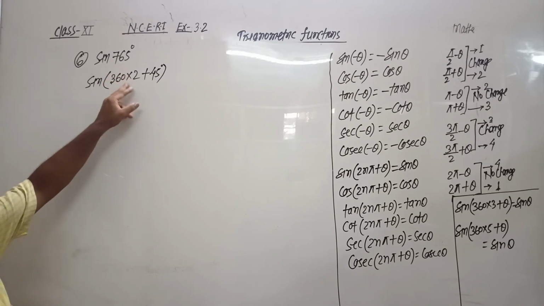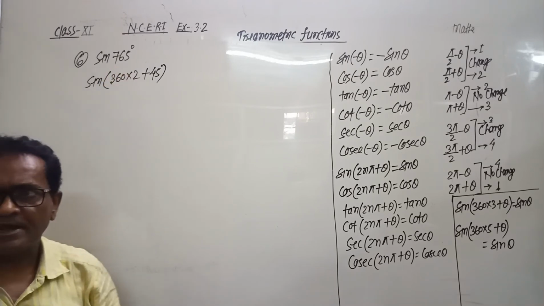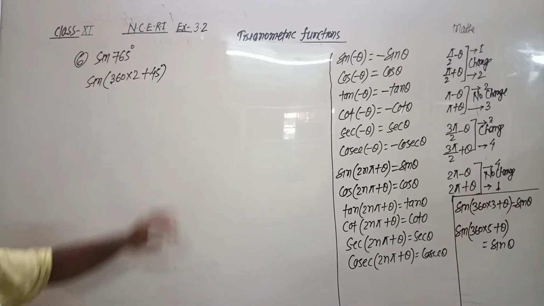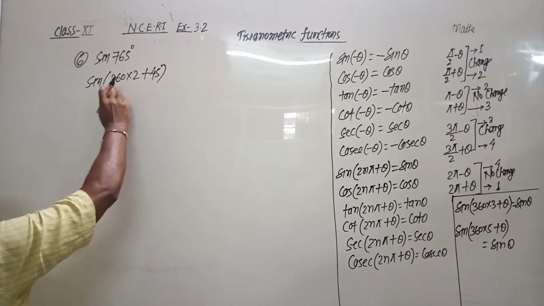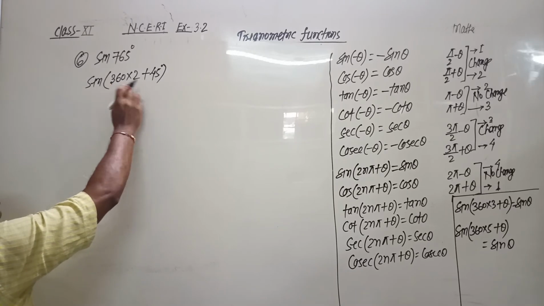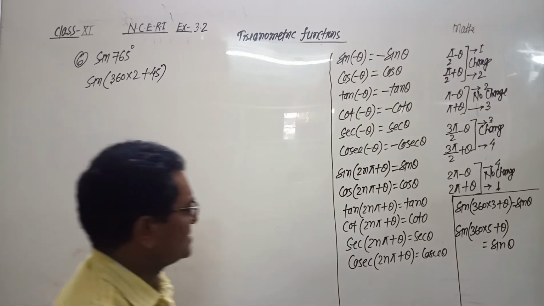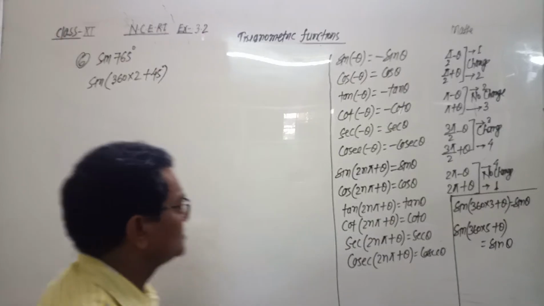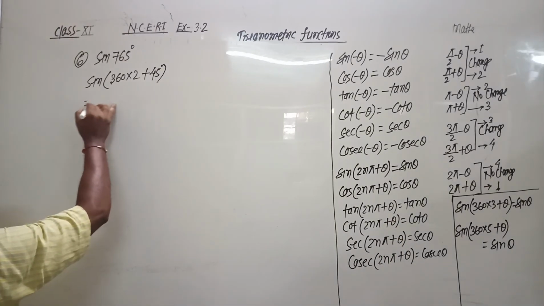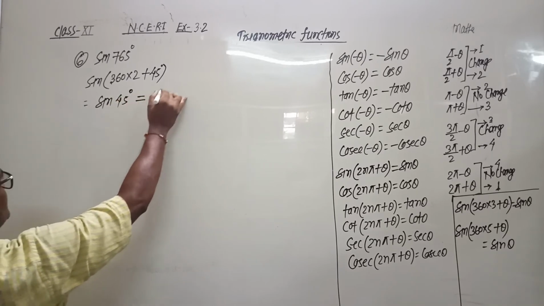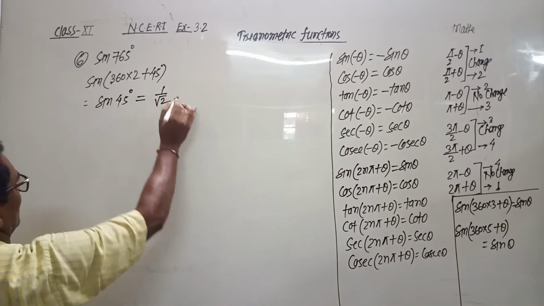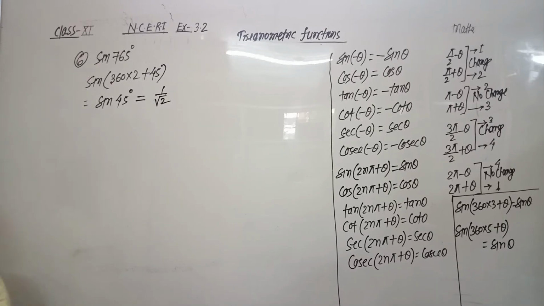Subtract 720 from 765, we get 45, so we add 45. So this is the formula: sin(2n pi plus theta) is sin theta. So it would be written sin of 45 degree, and the value of sin 45 degree we know is 1 by root 2. The answer is 1 by root 2.